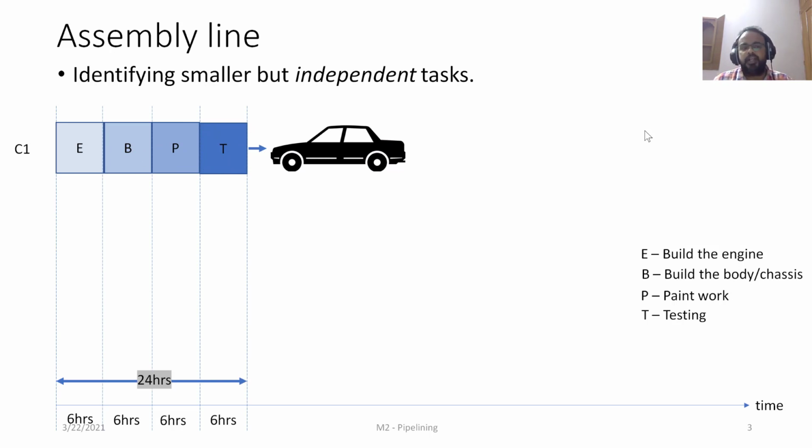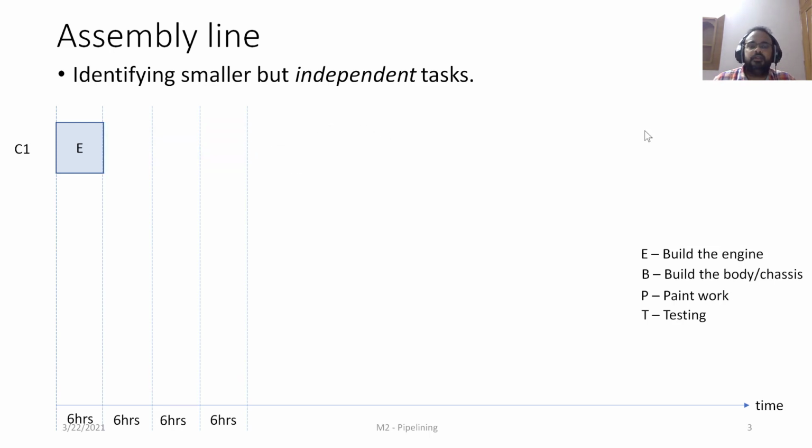But now that we have identified multiple smaller and independent tasks, let's see how we can exploit that. In the first 6 hour slot, when the car C1 engine is being built, we are waiting.